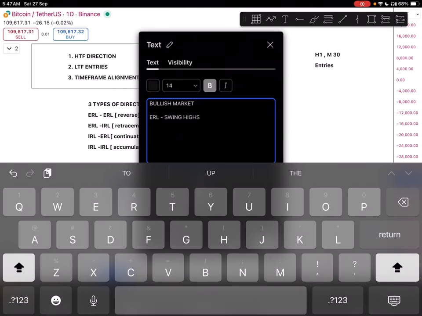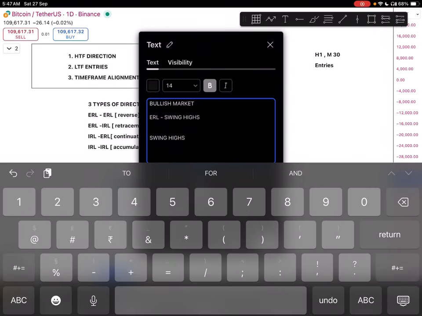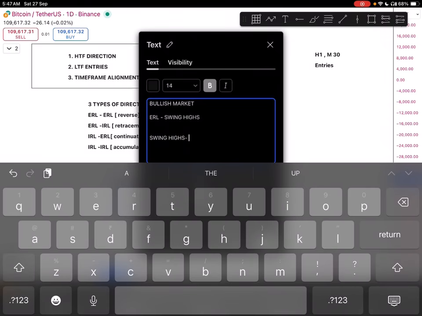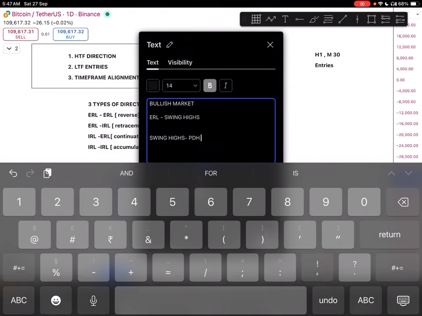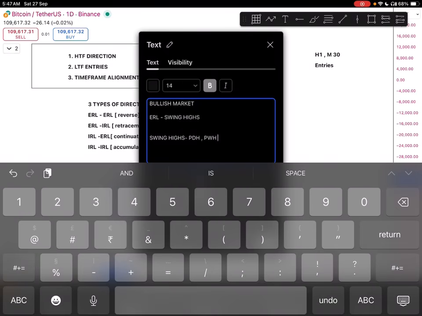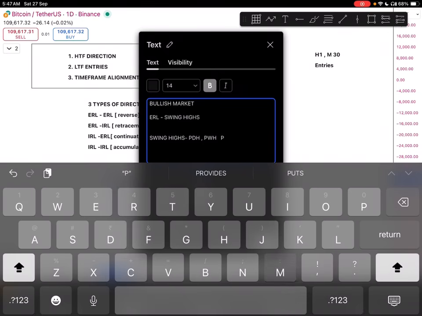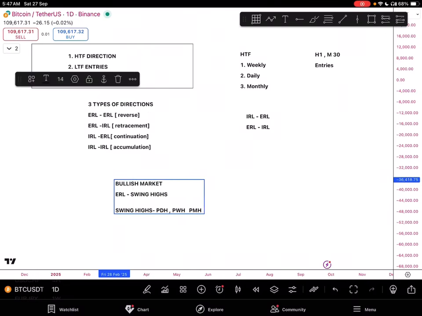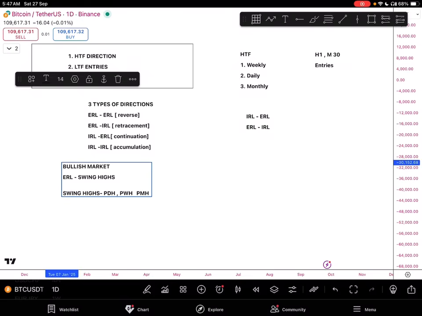So this we call external range liquidity. What are swing highs? Swing highs, or previous day high, previous week high, and then previous monthly high. These are called swing highs, which we call external liquidity. So these are external liquidity in a bullish market.